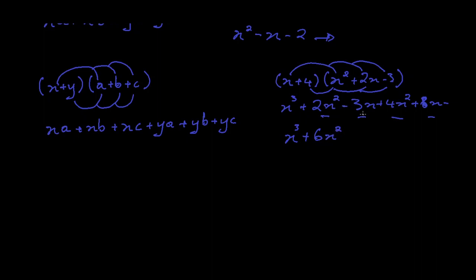Okay, then we're going to take the negative 3x and add it to the 8x, since this 3 is negative. So we're going to say negative 3 plus 8x, which will bring us to a positive 5x. Then we're going to drop the negative 12 as it is. So therefore, guys, this is considered fully simplified.